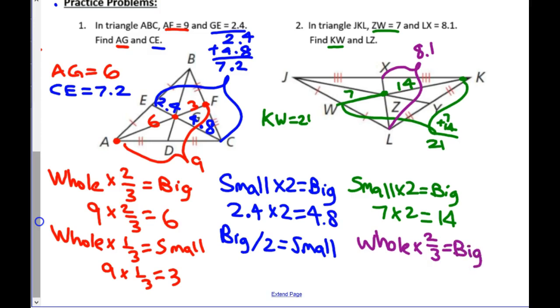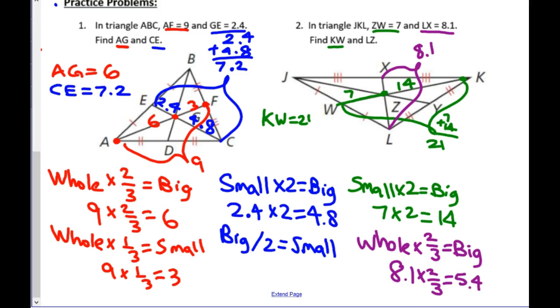So the whole thing is what again? It tells us right here. LX is 8.1, right? So 8.1 times 2/3. What's 8.1 times 2/3? 5.4. That's my big part.